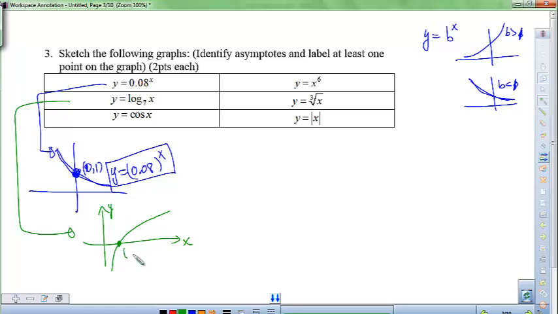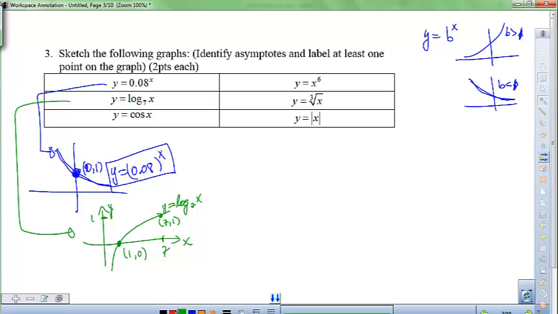But we can definitely label (1, 0), and this is y equals log base 7 of x. And if we really wanted to, we can label one more. I think if we hit 7 over here, we're going to get a y value of 1. So (7, 1) would be another point.